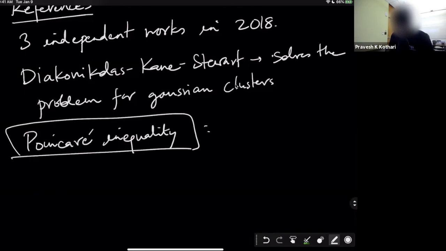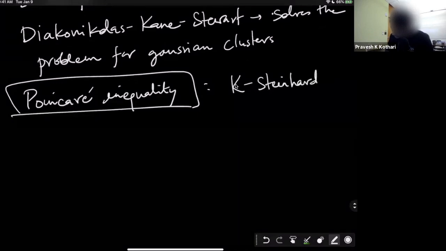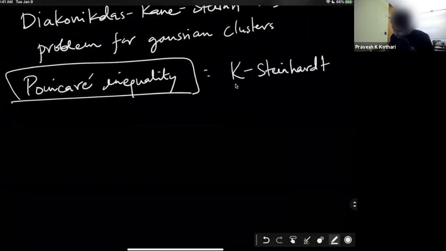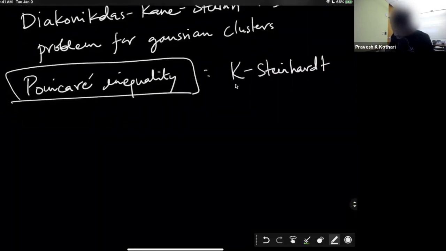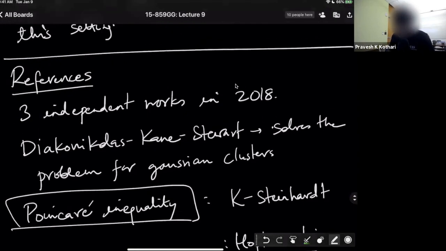And for all distributions that satisfy this inequality, it was shown in this work jointly with Jacob Steinhardt. And finally, this was the SOS-based algorithm. In fact, I'm going to present something related to this today. An SOS-based algorithm was also discovered in this third, independent work for Gaussians of Hopkins and Lee. So all these works happened in 2018.